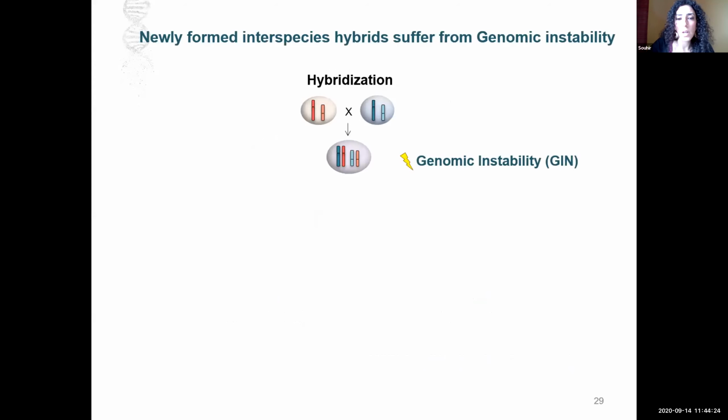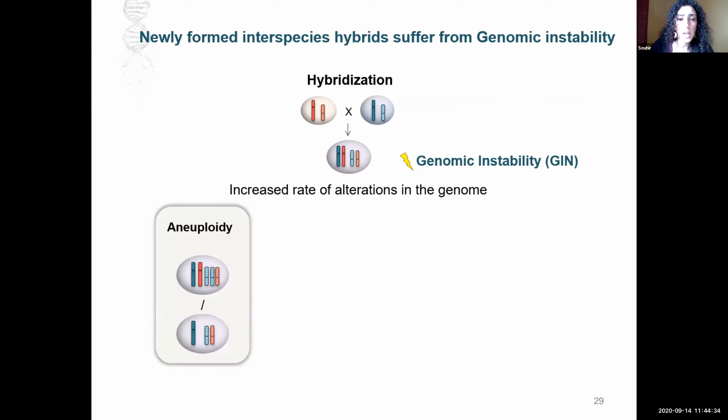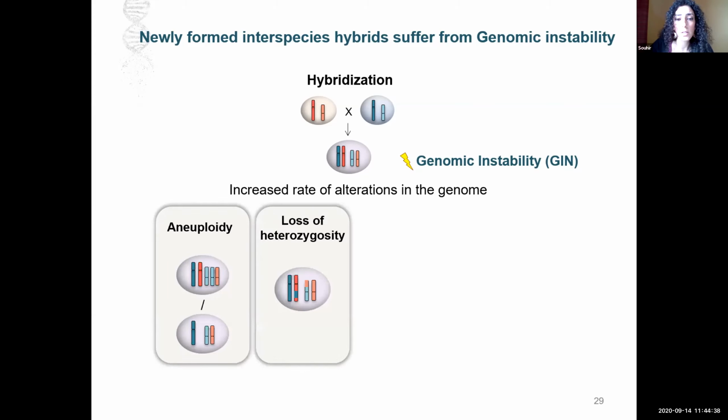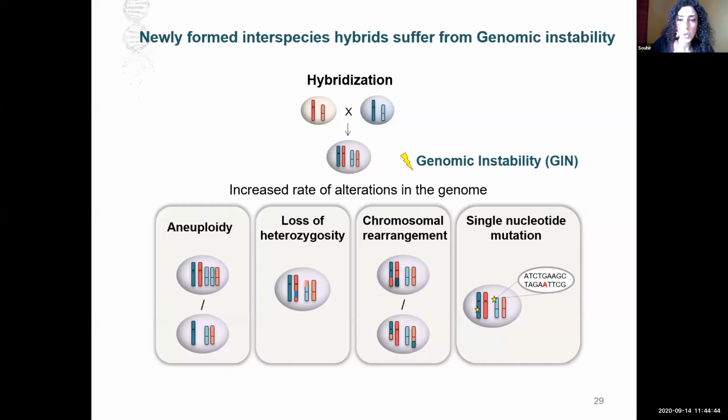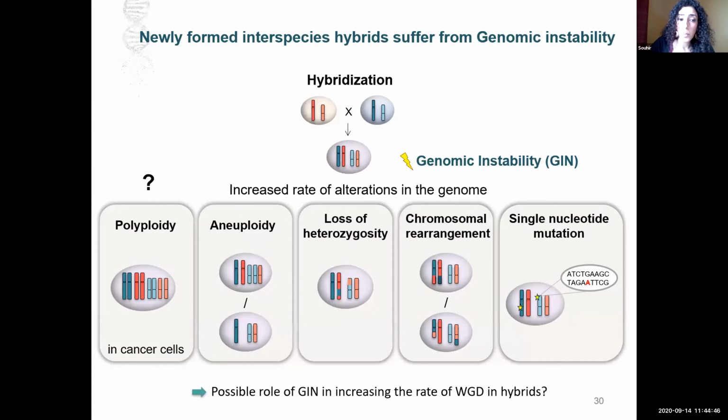Indeed, hybrids are in general characterized by genomic instability, which is an increased rate of alterations in the genome leading to an increased rate of aneuploidy, variation rates and sizes of loss of heterozygosity, chromosomal rearrangement, or single nucleotide mutation. Also, polyploidy is recognized as one of the typical genomic instability hallmarks in cancer cells.